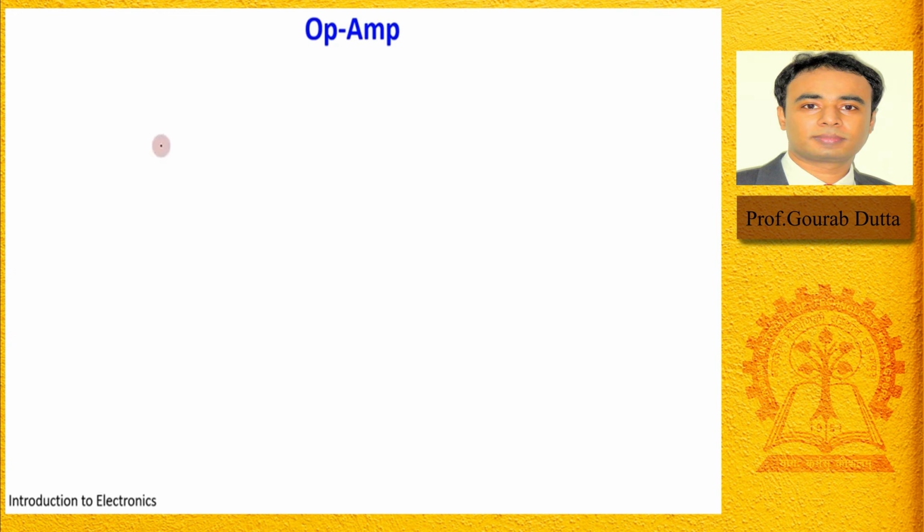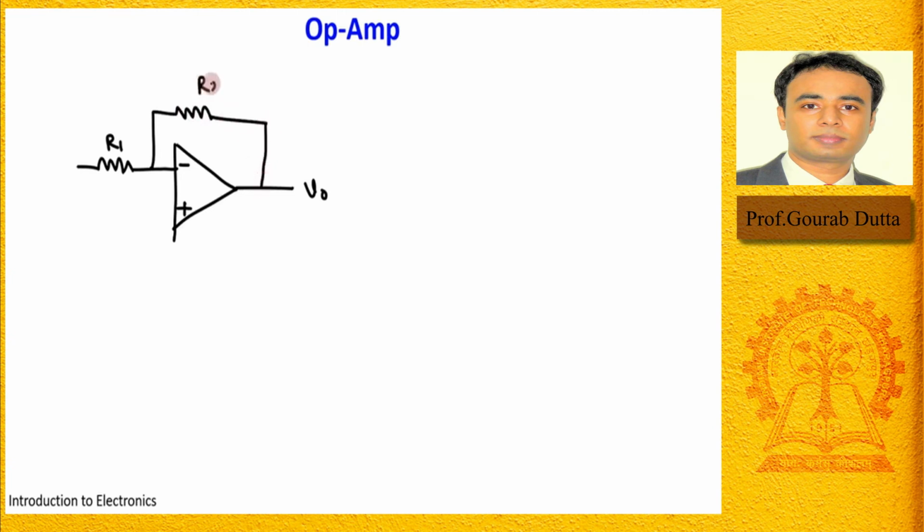So here let us consider this almost similar to whatever we have done for the simple inverting amplifier case, right? This is the output V out. For the inverting amplifier case, we had a resistance R1 here, and a resistance R2 in the feedback, right?